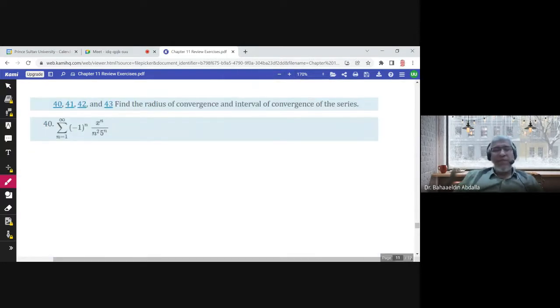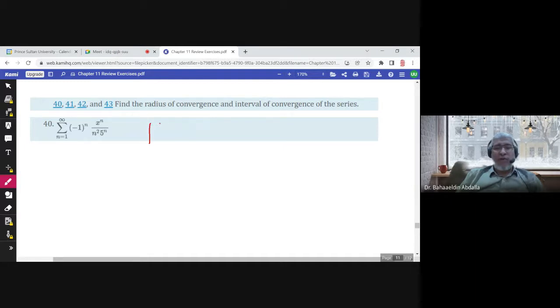This is the last section. Find the radius of convergence and interval of convergence of this power series. You remember we use the ratio test.